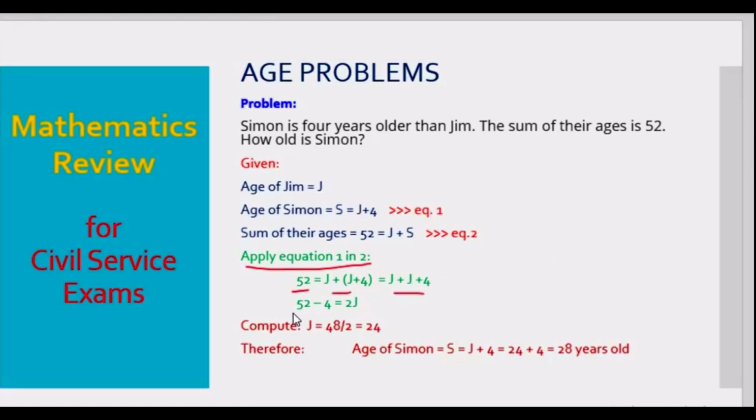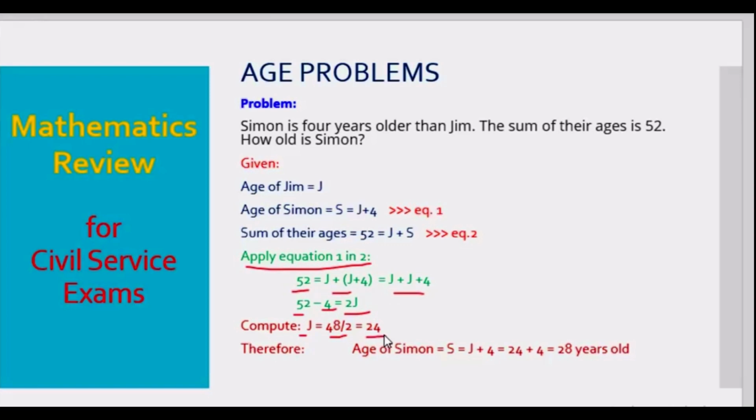I have to transpose 4 and combine it with 52, so it becomes minus 4. So equals 2J because we have J plus J, so 2J. So 52 minus 4 is 48. So over 2 to get to J. So J is 24. So this is the age of Jim.